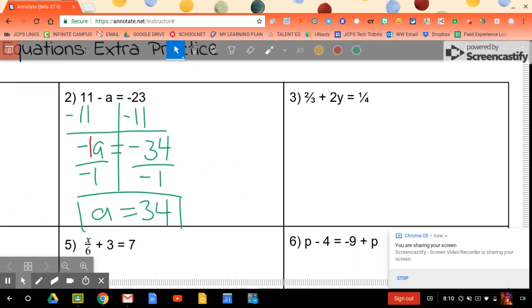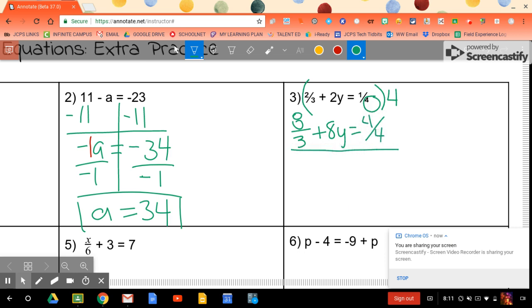On to number 3. We have a fraction. If you remember, on the fraction we're going to circle our biggest denominator, which is 4. We're going to multiply our whole equation by 4. So that means we're going to get 8 over 3 plus 8y equals 4 over 4.